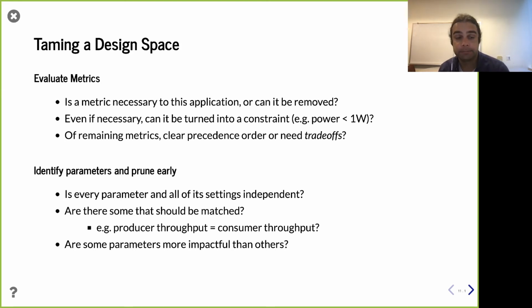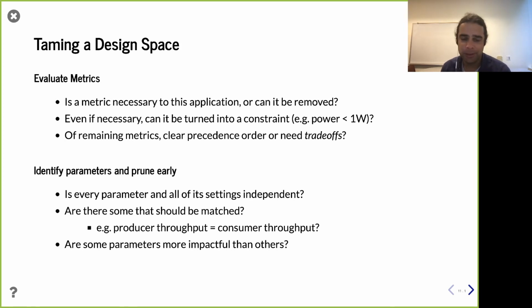Then when it comes to the parameters, you need to do a similar sanity check, a shakedown on them. It's easy to say, oh, these are all the parameters, consider all options. But does that make sense? A lot of times, no. Many parameters are coupled, where if you change this parameter, you should change another parameter. It's usually really clear. For example, this block produces things and this other block consumes them directly.